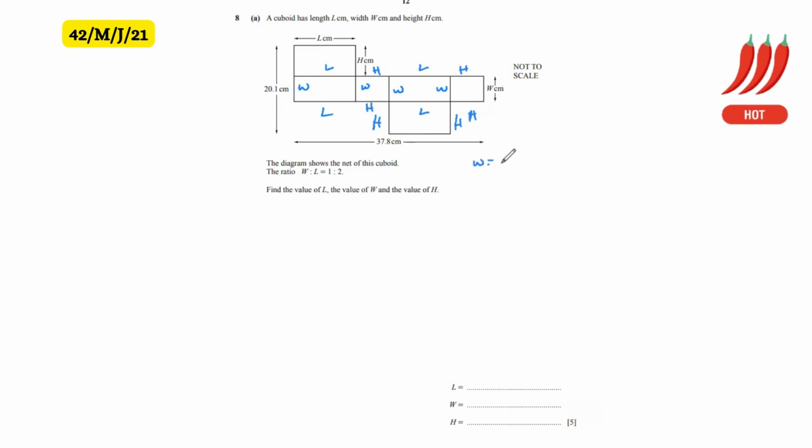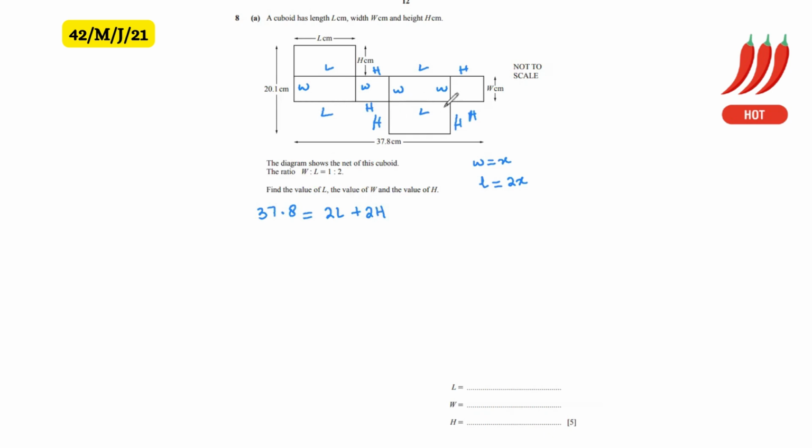So if width is X, length is 2X. 37.8 equals to 2 lengths and 2 heights.